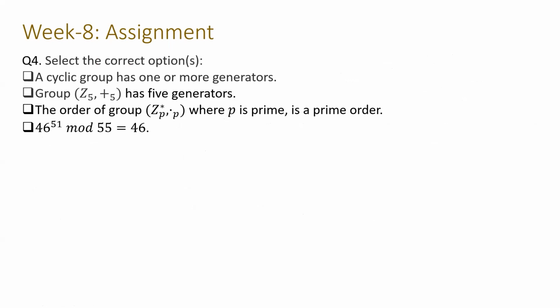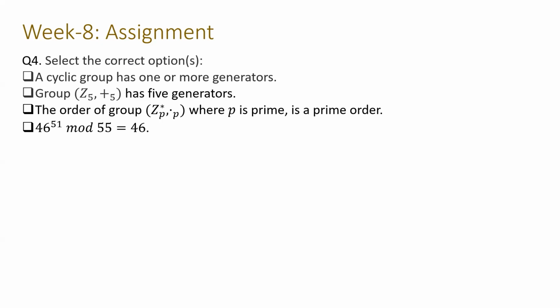Group Z5 with respect to the binary operator addition modulo 5 has 5 generators. This is not true, because 5 is a prime number. This is an additive group Z5 of prime order.